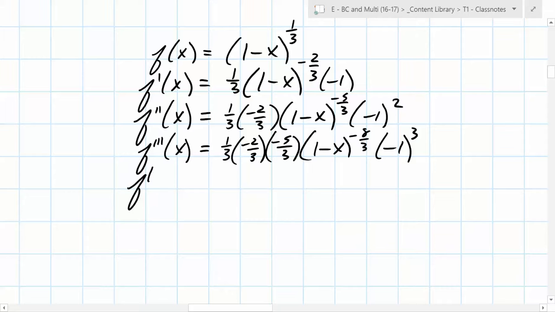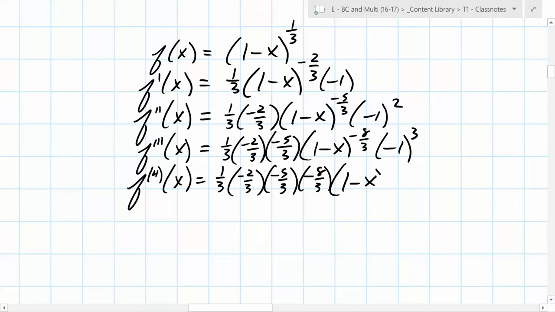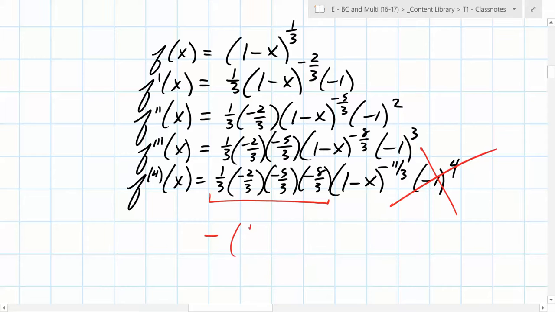So what's the 4th derivative going to be? 1/3, negative 2/3 times negative 5/3 times negative 8/3 times 1 minus x to the negative 11/3, times negative 1 to the 4th. So what can we knock out? We don't care about that one, right? And then how many negatives do we have out front? So we have negative, and do some things cancel here? Well, it's just going to be negative 1/3 times 2/3 times 5/3 times what?